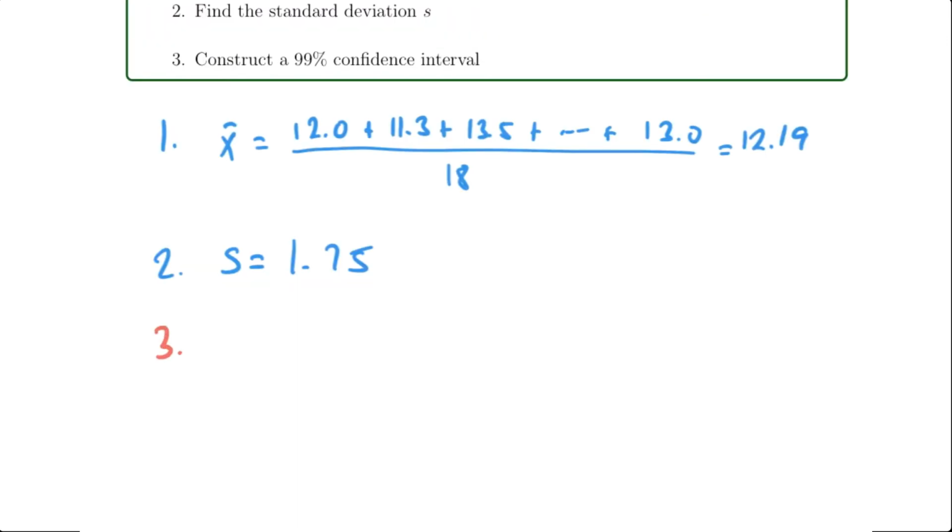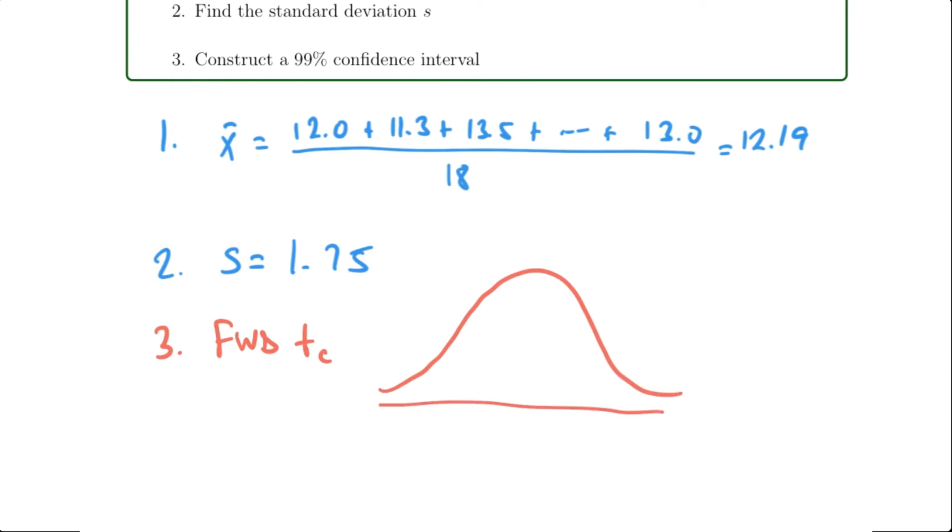Okay, so to construct the confidence interval, we need to find the critical value, TC. And when you're looking at a normal curve, these are the two critical values. And in here is 0.99 because we're choosing a confidence level of 0.99.